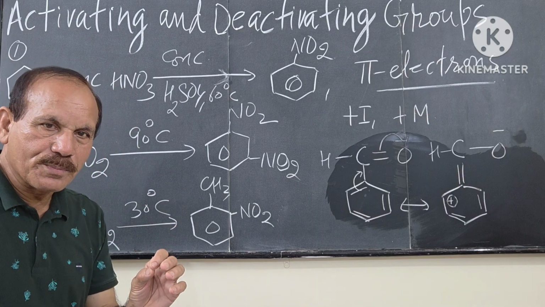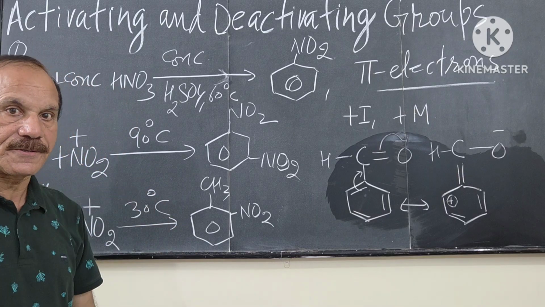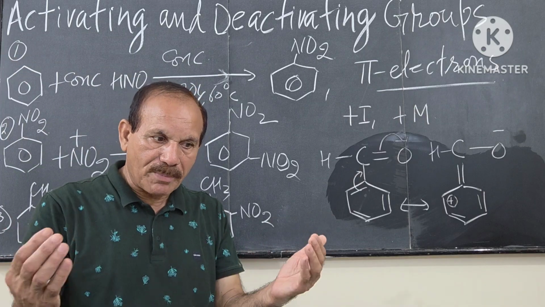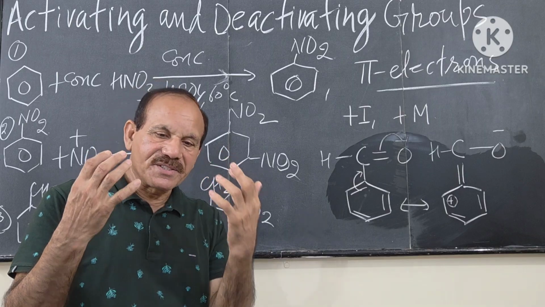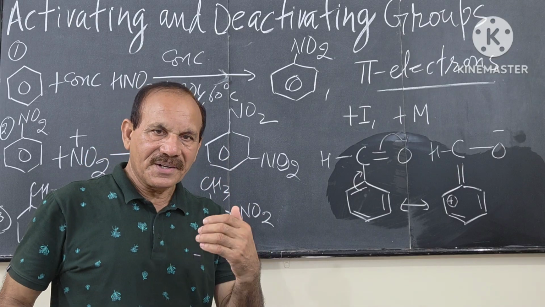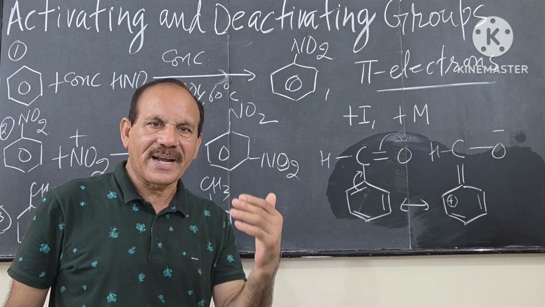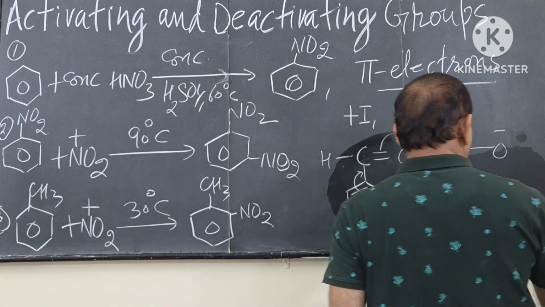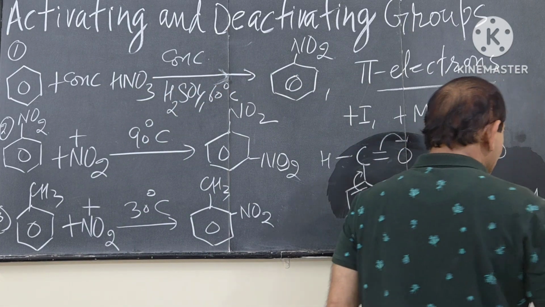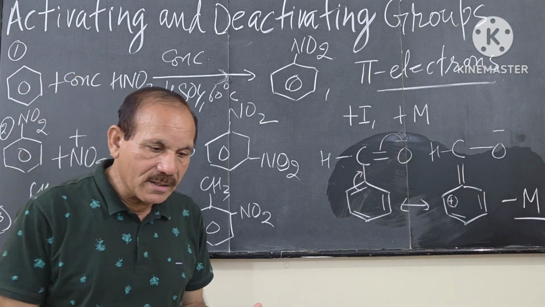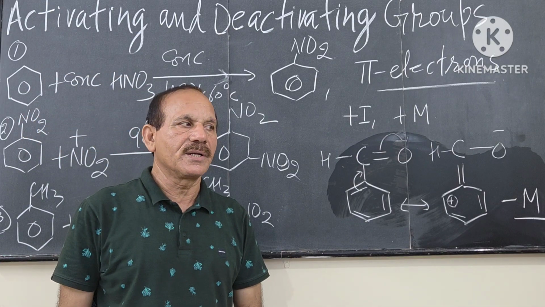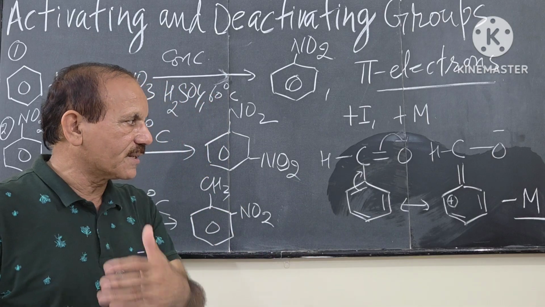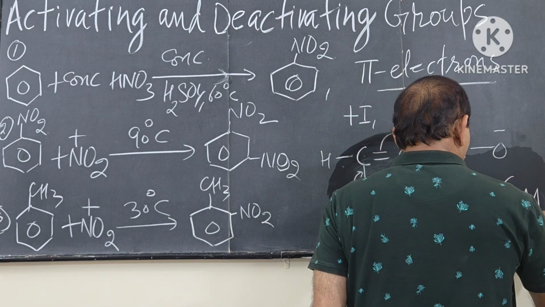So any group which withdraws pi electrons from the benzene ring towards itself decreases the reactivity of the benzene ring. And this is known as the minus M effect. The pi electrons are going away from the benzene ring. Minus means decrease and plus means increase. This is very, very important.